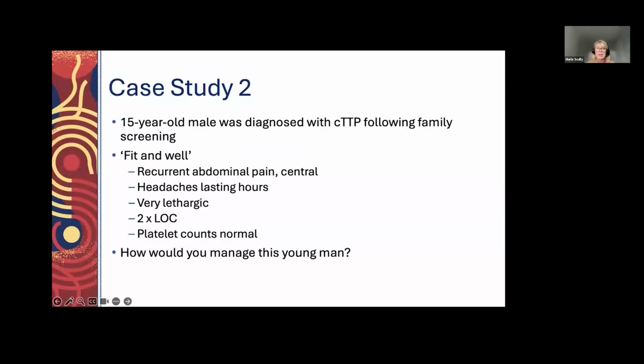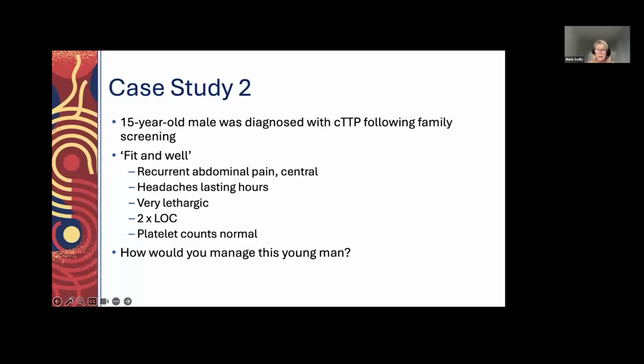So I have a case study, and this is a real patient. He's a 15-year-old male who was diagnosed with congenital TTP following family screening. He claims, and his family claim, he's completely fit and well. And then he was asked about specific symptoms. And actually, he did have recurrent abdominal pain, which was central in nature, was excruciating, and used to come out of the blue, lasting from minutes to hours.